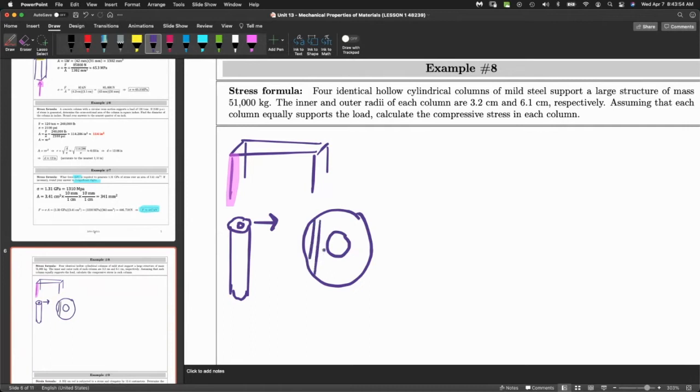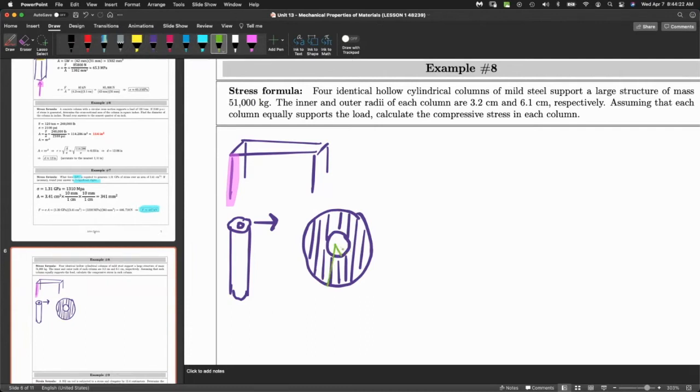So the area of this column, I don't know why it's hollow. Maybe it's just cheaper that way. But there are advantages to it being hollow, which we're not getting into bending strength or anything here. But if you're going to have a certain amount of material, if you make the column hollow, it's actually more resistant to bending because of its moment of inertia. We're not doing that calculation here anyway.